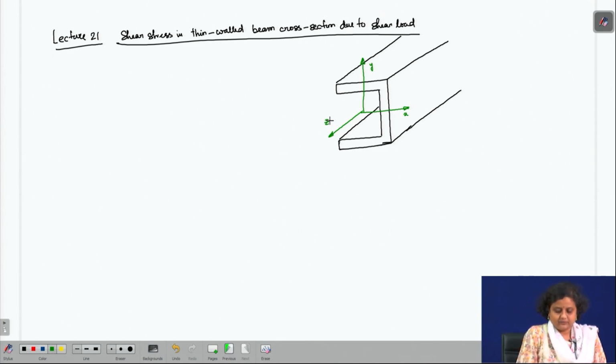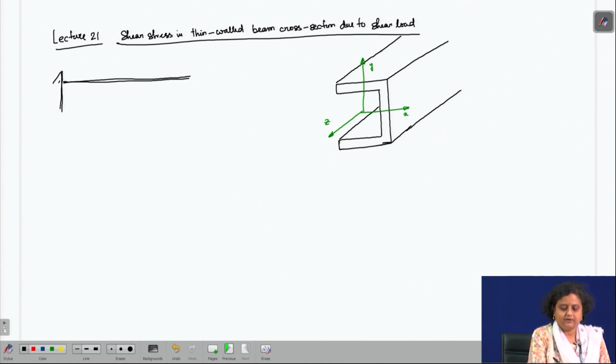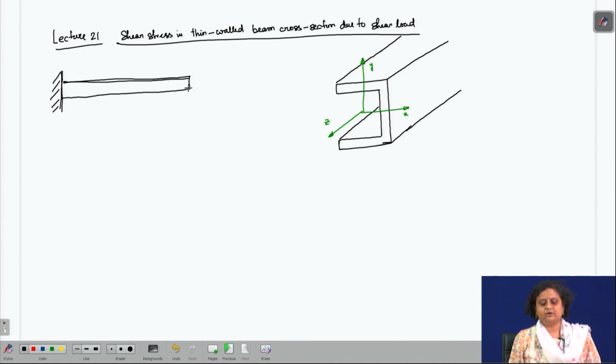So, what we discussed about is if we have a beam with arbitrary boundary condition. For this case, I am just showing a cantilever beam with fixed free boundary condition.